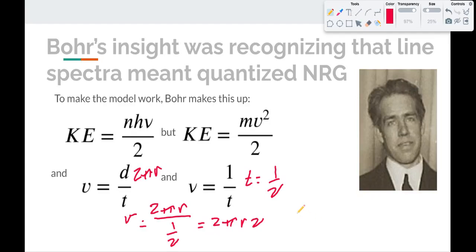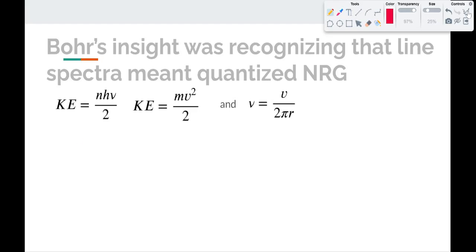Now let's solve this for frequency. So frequency is going to be equal to velocity divided by 2 times pi times r. So now let's set the two kinetic energy equations equal to each other. mv squared over 2 is one way of expressing kinetic energy, and that's equal to n times h, Planck's constant, times frequency divided by 2. But we can substitute here because we know what frequency is in terms of velocity.